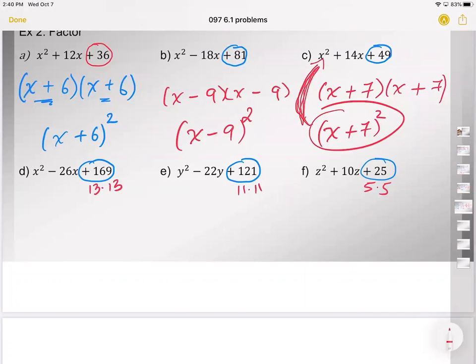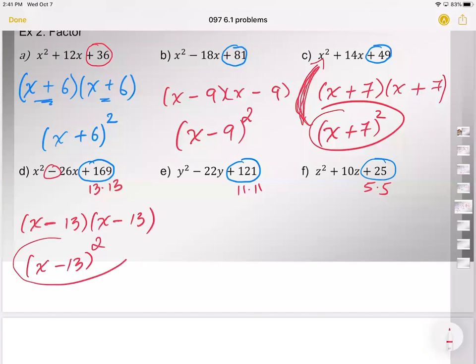And 5 times 5 is 25, and 5 plus 5 is 10. So if you recognize that, all we do is put x minus 13, x minus 13. What are my signs? Because this thing here is negative, they are both negative. And if you want to be fancy, you can say x minus 13 squared. But see how easy this item is.